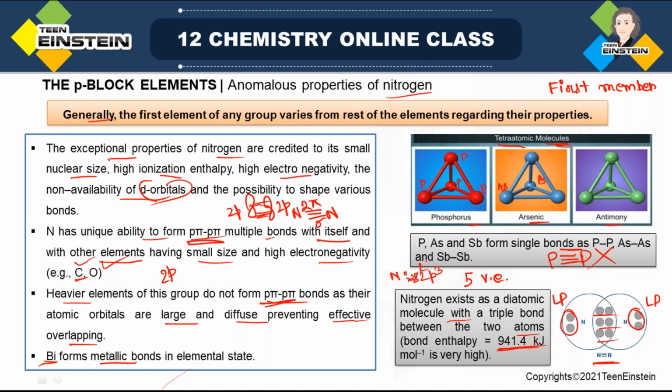But for heavier elements, p-pi bonds are not so effective. That is the reason they are forming single bonds only. See, all these are single bonds. So these are the differences, or better we say some anomalous properties of nitrogen, which are not observed in case of the other elements.